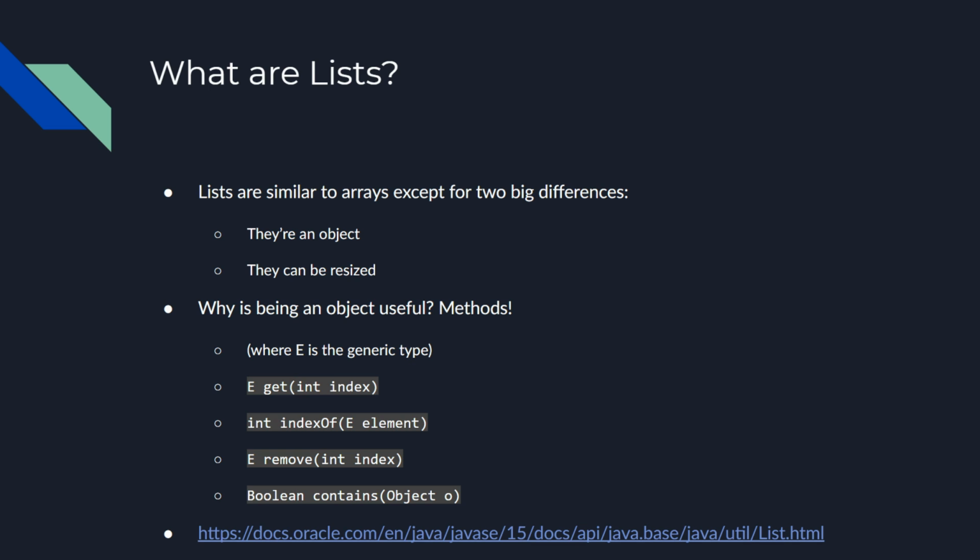But with a list, you can just call this index of method, and it will tell you the position of the item that you're searching for. Or if you don't care where it is, you just want to see if it exists, you can use this contains method, and it will tell you true, yes, that item is in this list, or false, that item is not in this list. It's much easier than using an array. So any questions about that so far?